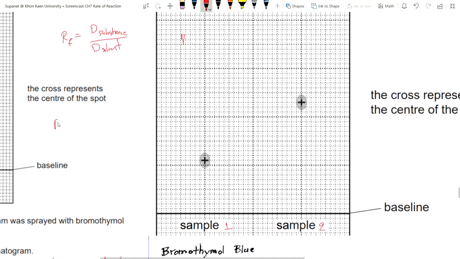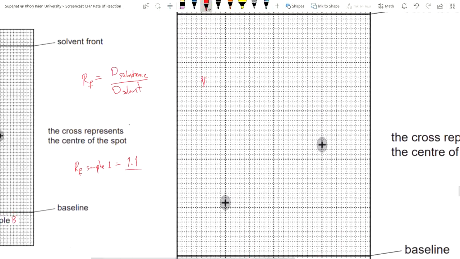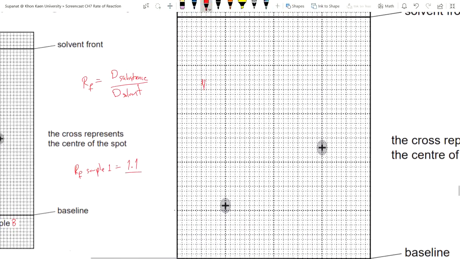The RF of sample 1 equals 1, 2, 3, 4, 5, 6, 7, 8, 9, 10, 11, or 1.1, divided by 5, because here's 1 unit, 2 unit, 3 unit, 4 unit, and 5 unit.